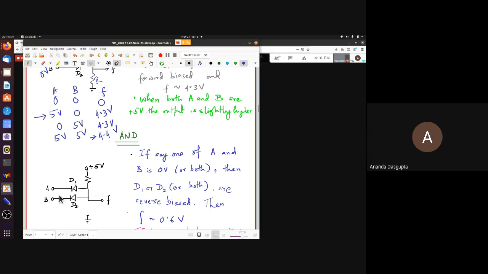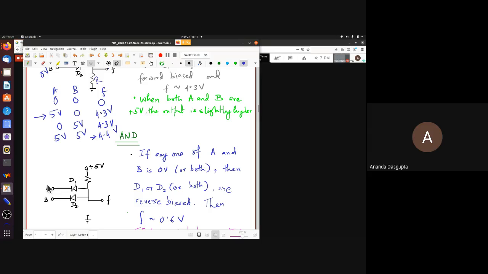So here, what happens is, if either A or B or both are 0, if any one of A or B is 0, then at least one of the two diodes becomes forward biased, right? You have 5 volts at this end. If both ends are at 5 volts, then there is no bias in the circuit. But if one end is at 5 volts, the other end is at 0, then there is a forward bias in the diode.